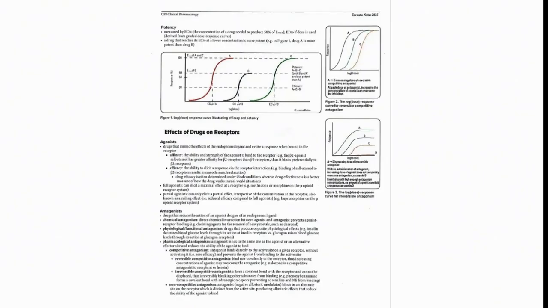Irreversible and non-competitive antagonists reduce efficacy by lowering the maximum achievable response. This page establishes the core principles of receptor pharmacology and provides a foundation for understanding how different drugs produce therapeutic effects and how other drugs can block or modify those effects.